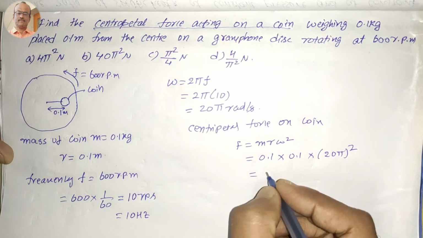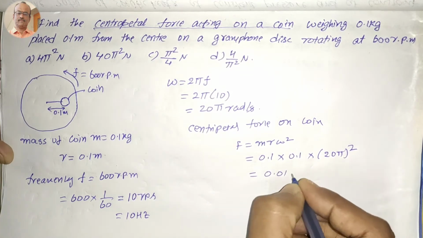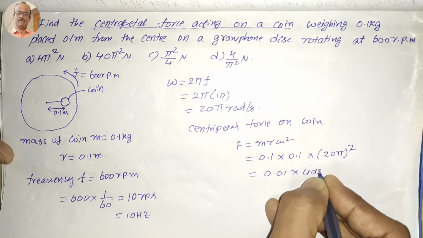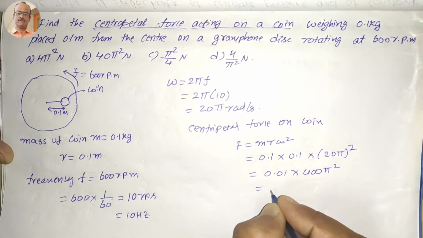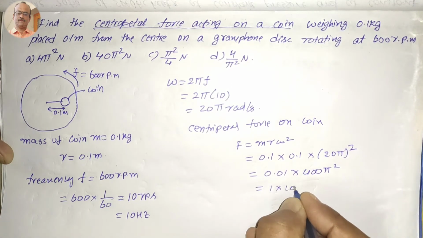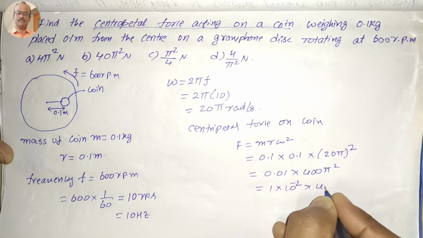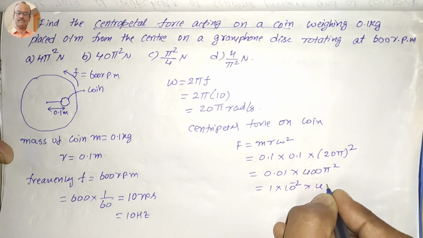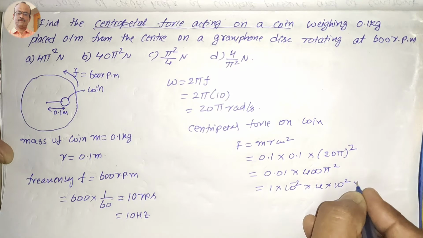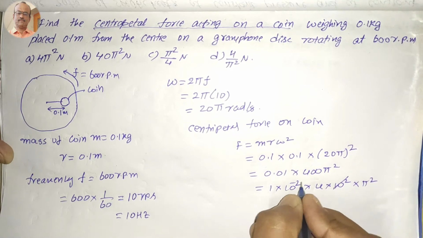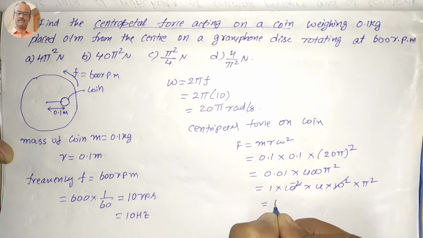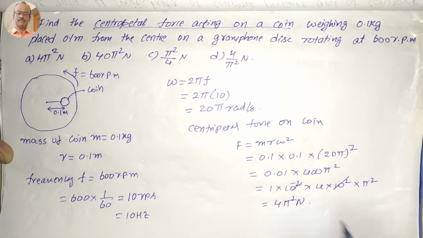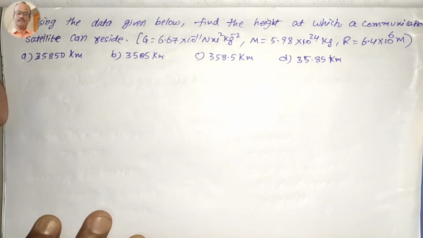On calculation, 0.01 into 400 pi square is equal to 1 into 10 to the power of minus 2 into 4 into 10 square into pi square. These two get cancelled. The remaining answer is 4 pi square Newton. So which option is correct here? Option A is correct.